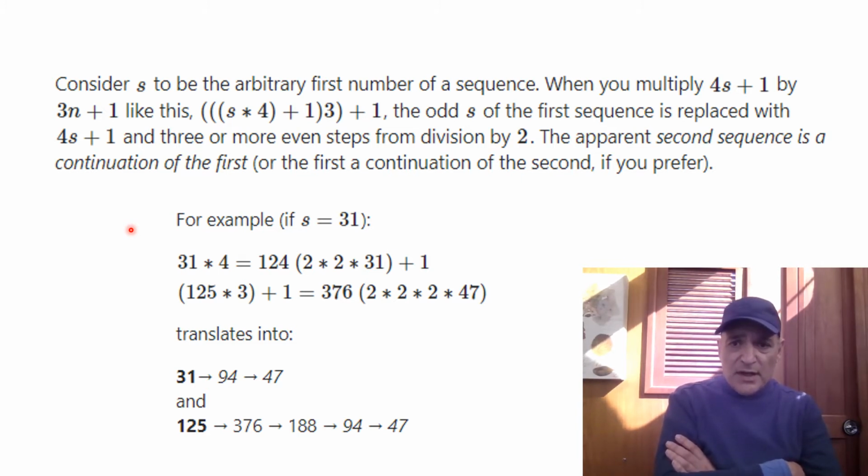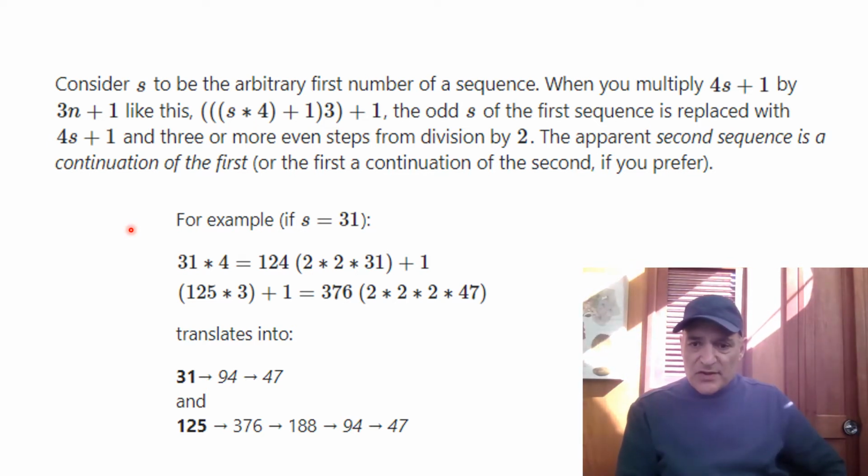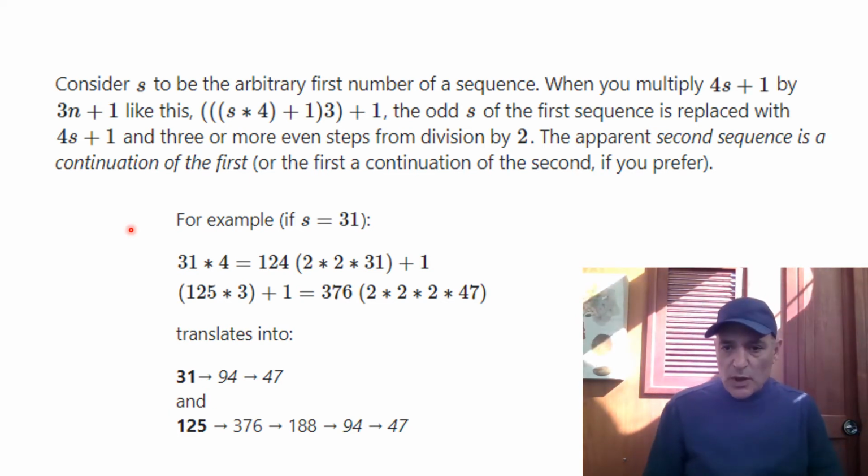When you multiply 4S plus 1, which is the inverse, shall we say, of n minus 1 divided by 4, by 3m plus 1, which is the Collatz function, or the first part of it, we do it like this: s times 4, then plus 1, then multiplied by 3, and then plus 1.